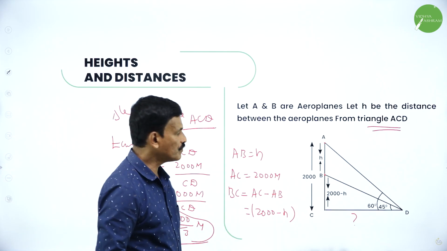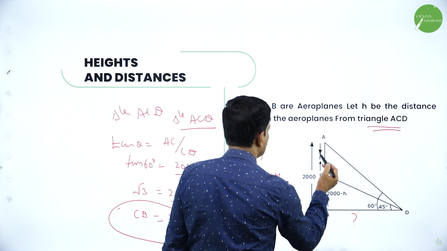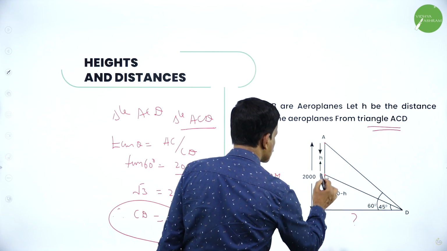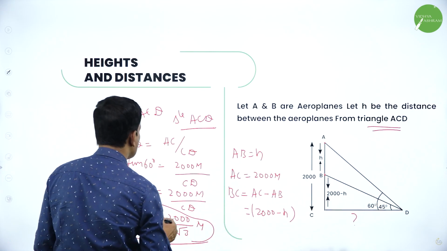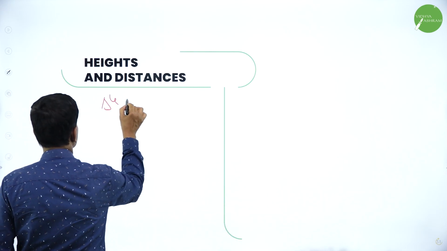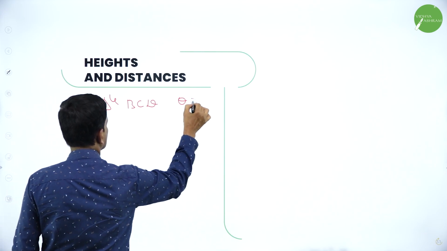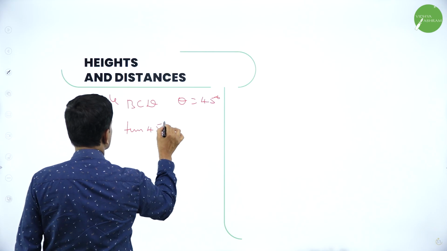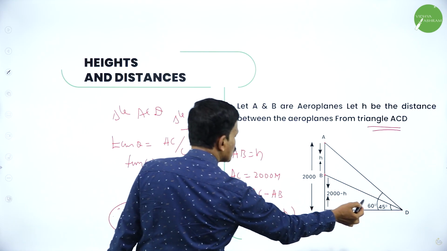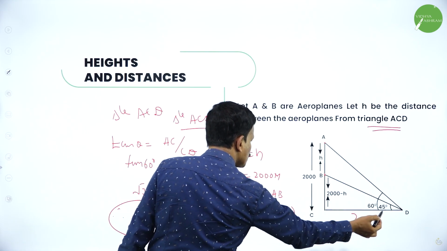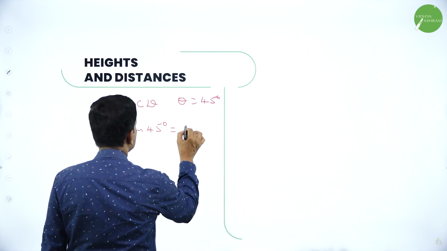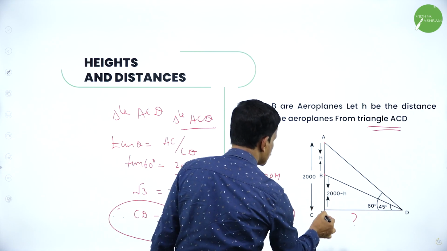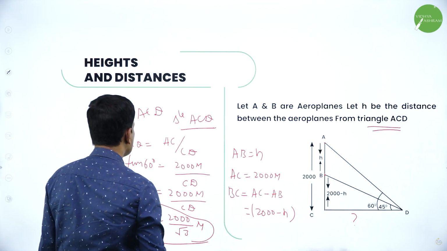Okay. Now next, from triangle BCD, theta is equal to 45 degrees. From triangle BCD, theta is equal to 45 here. So tan 45 from this figure is equal to BC divided by CD. Substitute the values.